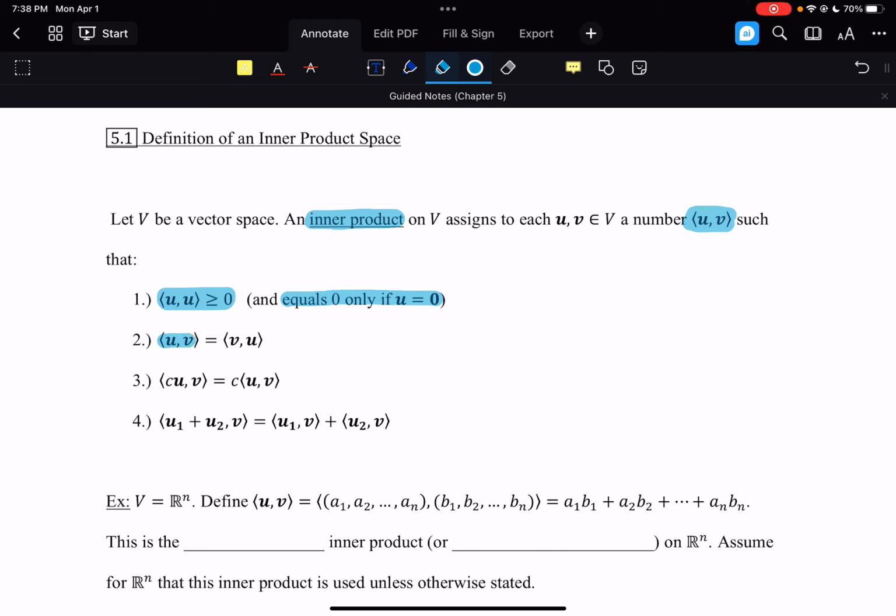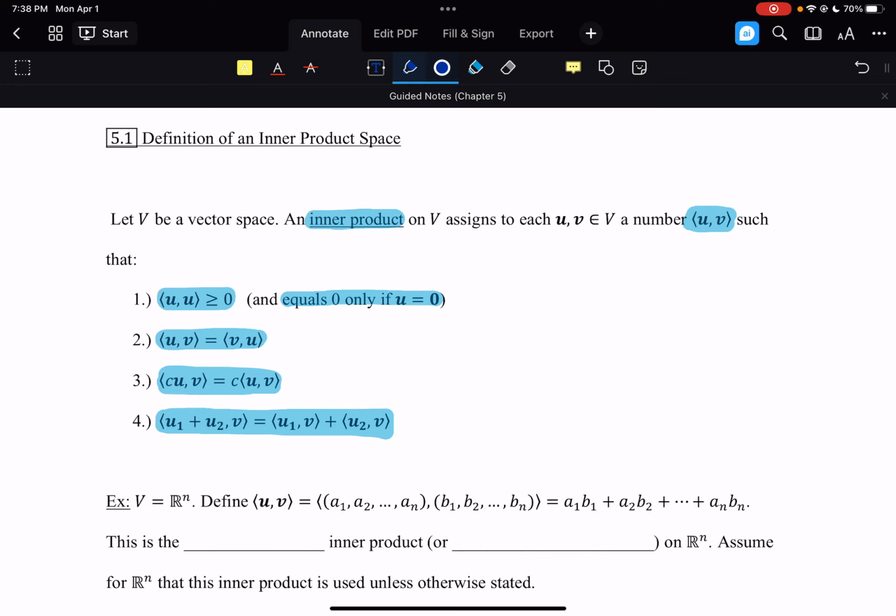The inner product of U with V should be equal to the inner product of V with U. The inner product of CU comma V, so if you have a scalar times the first component U, is equal to C times the inner product of U with V. So you can pull constants out of that first component. And the inner product of U1 plus U2 with V is equal to the inner product of U1 with V plus the inner product of U2 with V. So we can split the inner product by addition as well within that first component.